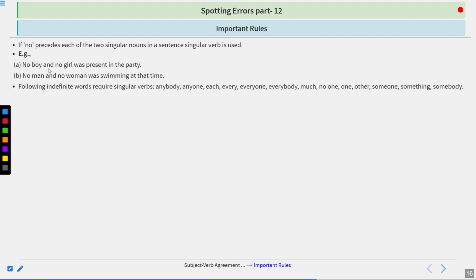The following indefinite words require singular verbs: anybody, anyone, each, every, everyone, everybody, much, no one, other, someone, something, somebody. Examples: Has anybody seen my purse? Anyone is welcome. Each child gets a prize.